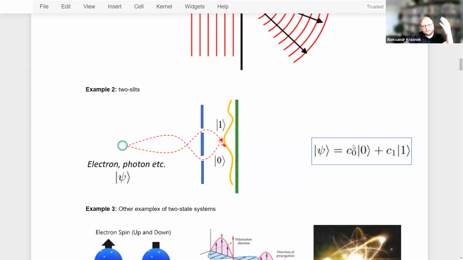In this case, the psi vector is given by two terms, c sub 0 state 0 plus c sub 1 state 1. And the resulting function, the state after these two slits, is given by the superposition of state 0 and state 1.